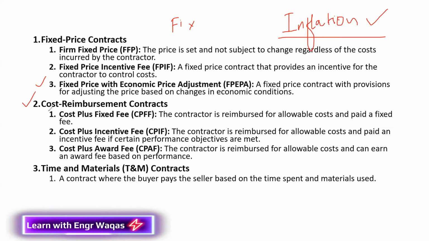And the second category is cost reimbursement contracts. If we talk about cost plus fixed fee, like I'm going to have my car repaired or maintained, and I talk with that workshop man. The spare part cost, I have to pay for that, for everything.